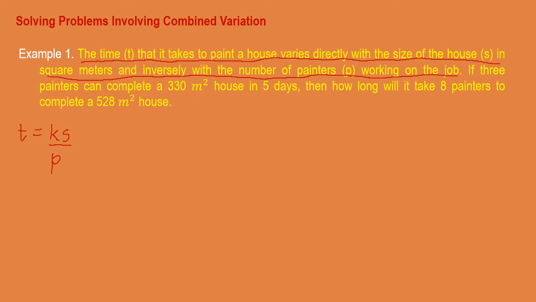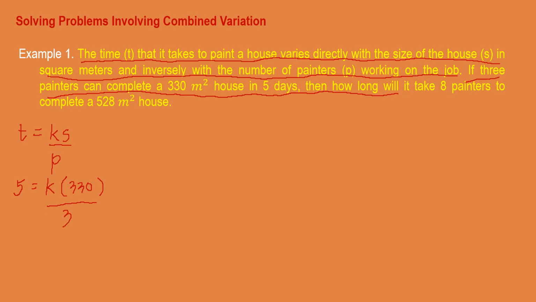Next, if 3 painters can complete a 330 square meter house in 5 days, so the time is 5 days if the size of the house is 330 square meters and the number of painters is 3.